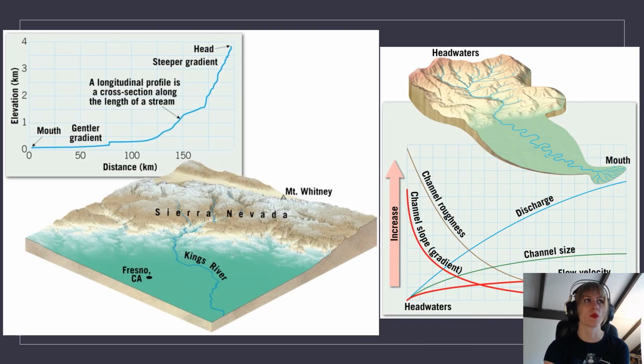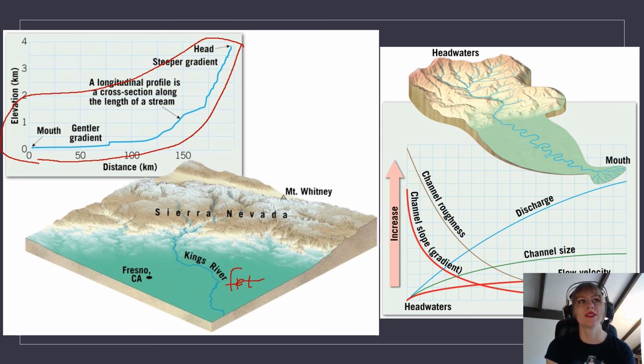So this is what a cross-section looks like. Generally, it's going to go straight down as its elevation decreases, but you're going to have some little changes along it. And this is from Mount Whitney in the Sierra Nevada as it goes to the Kings River, where it reaches generally a very flat plain.